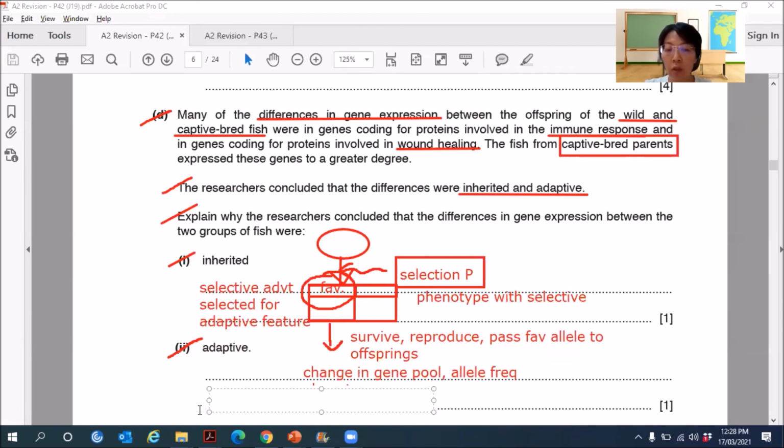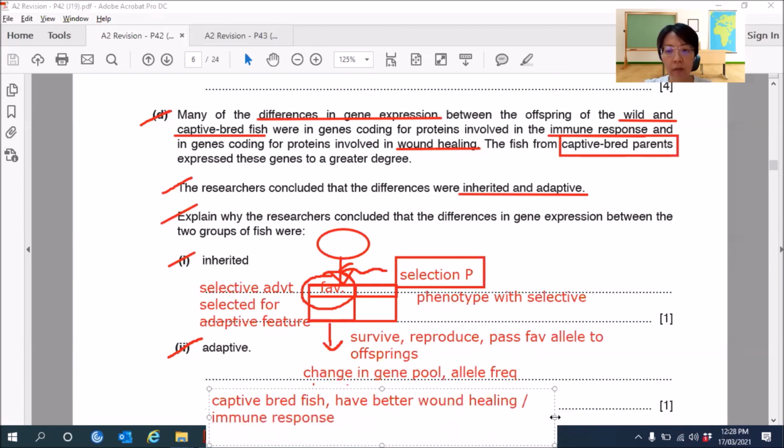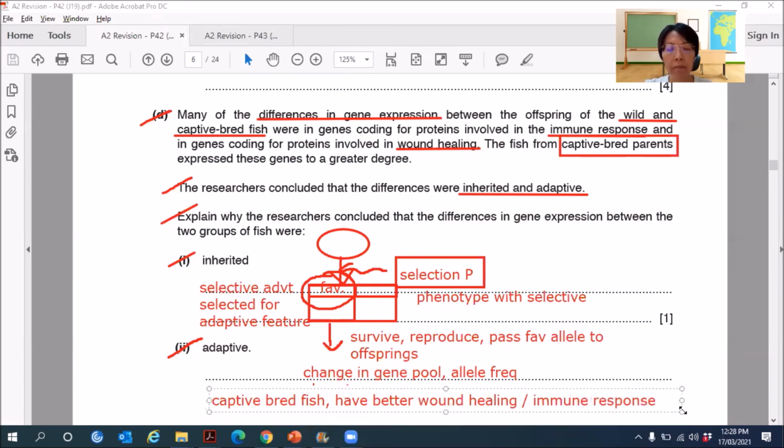So you need to focus on the phenotype. So the phenotype is captive bred fish, okay, they have better wound healing as well as immune response. So this is the characteristic or the phenotype that allows them to adapt to the fish tank environment.